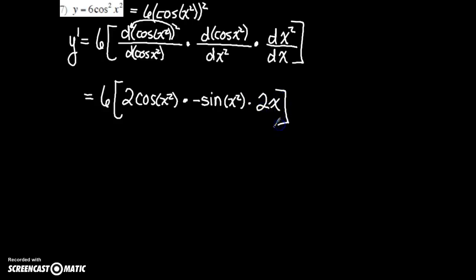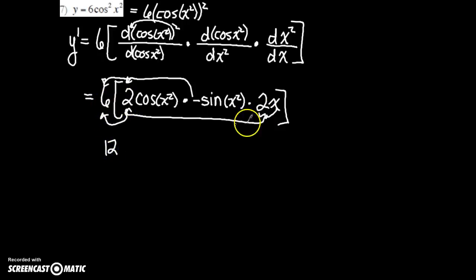Now we just clean it up. I'm going to bring this negative out in front, and I'm going to bring that out in front as well. And I'll probably just bring it all out to the 6 actually. Bring it out here. So we've got 2 times 6, which is 12, and times another 2 is 24.